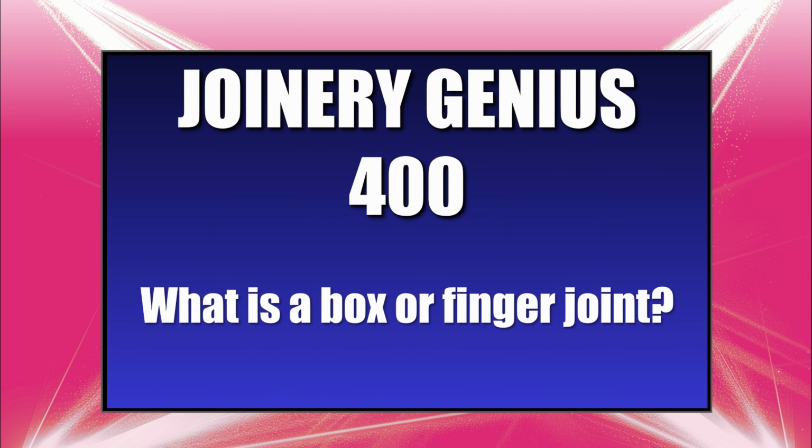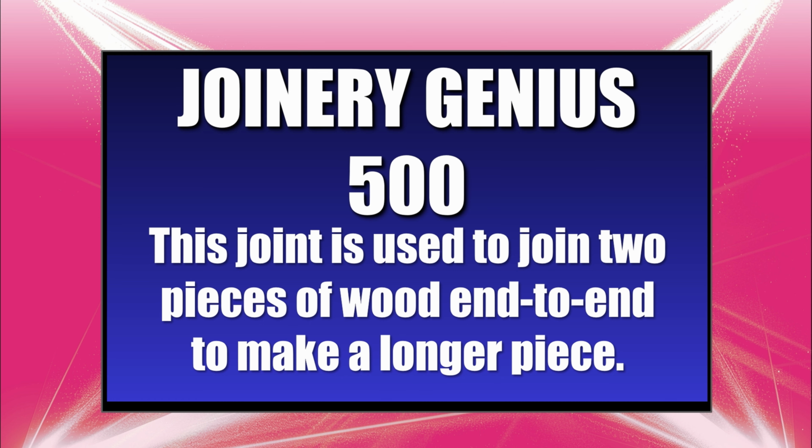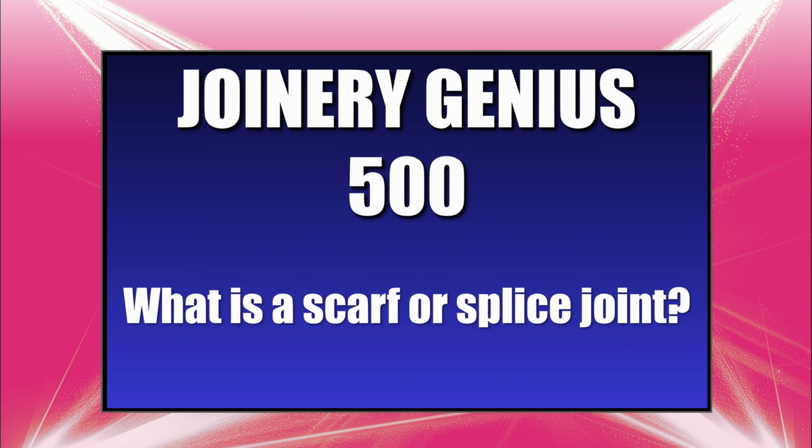What is a box or finger joint? Joinery genius for 500. This joint is used to join two pieces of wood end to end to make a longer piece. What is a scarf or splice joint?